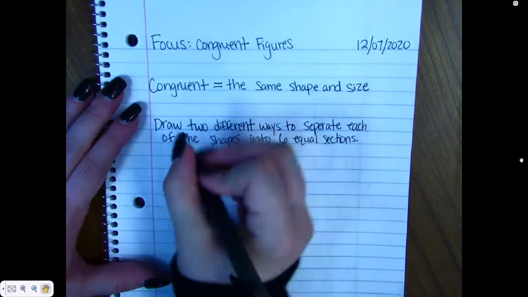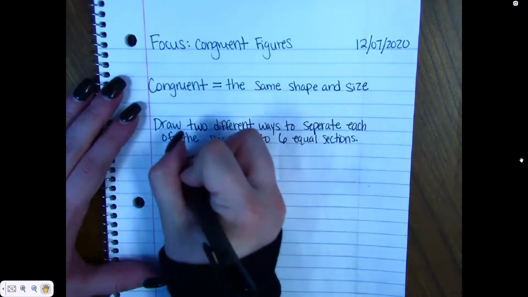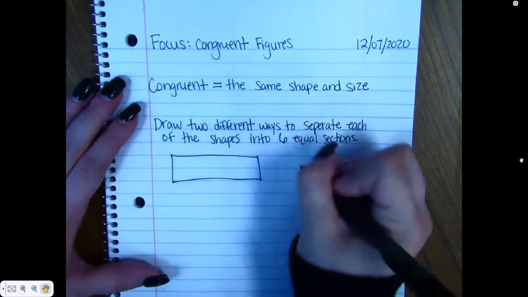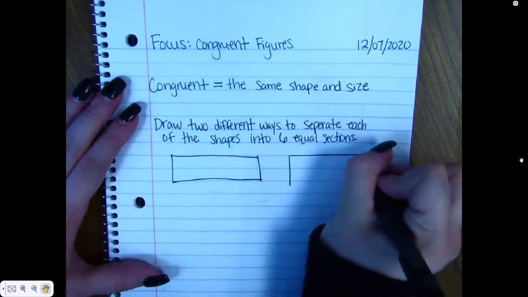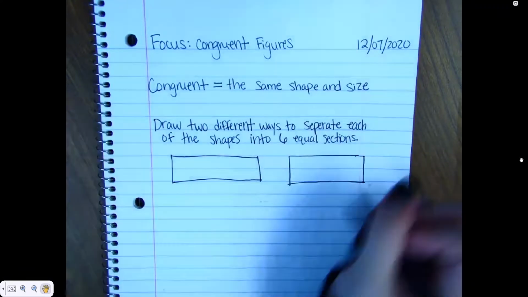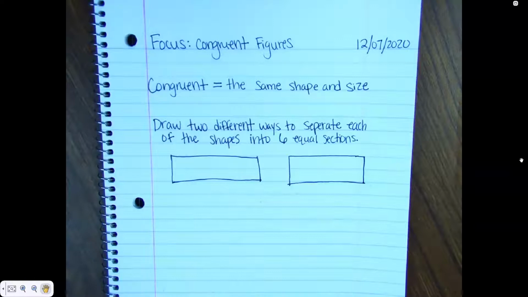And we're going to draw some skinny rectangles. So let's see if y'all can divide them into 6 different sections.